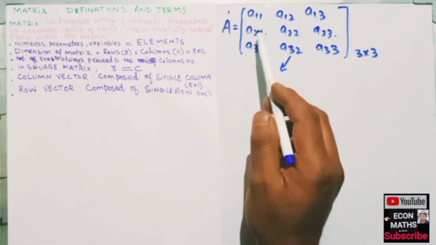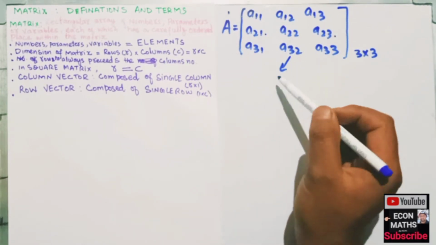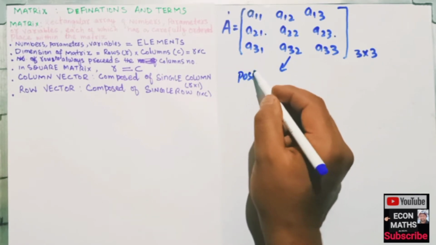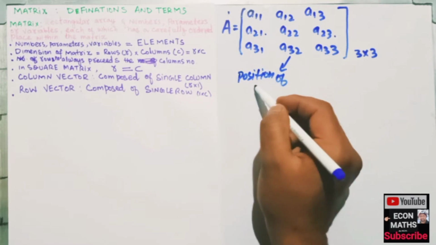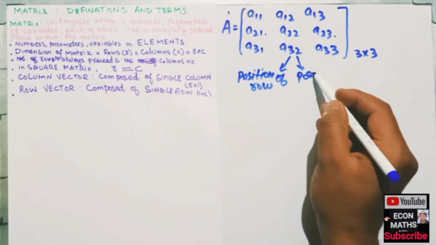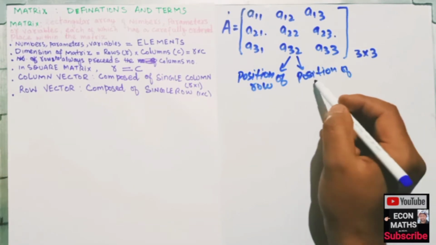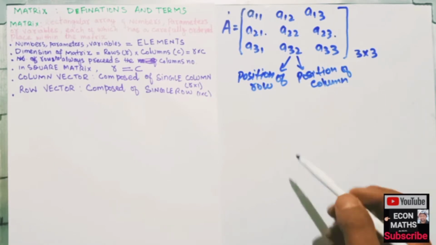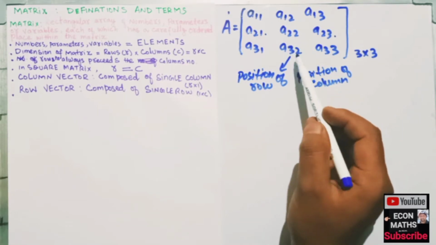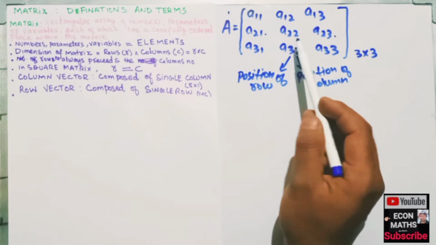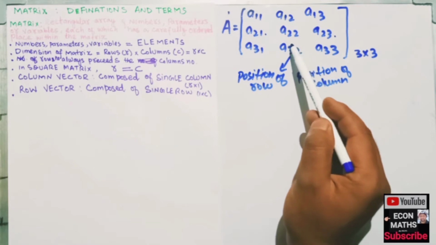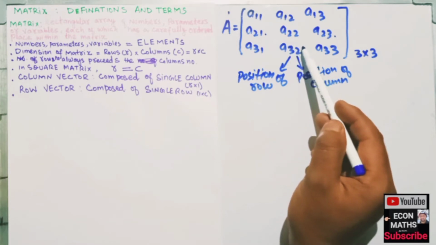Here the row is first, second and third, so this gives us the position of the row, and this gives us the position of the column, so these two give us the address of this element. Here the address of this element is, it is in the first, second and it is in the third row and second column. So this is the row position and this is the column position here.